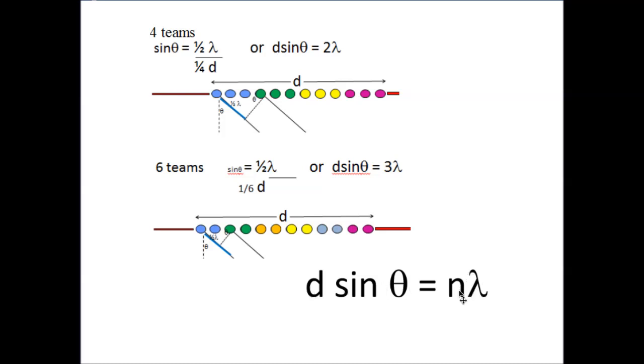There's this formula, and again there is a limit to how big n can be. Just like with interference, you are limited by the separation of sources. Here you are limited by the fact that sine theta can never exceed 1. So n lambda can never be bigger than d. It can be at most equal to d, but it can never be bigger than d. And so that's going to limit how many nodal lines you have, just like there was a limit for interference.